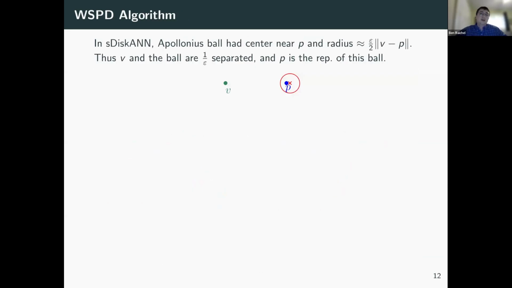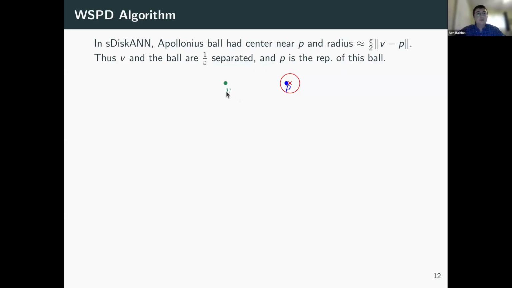So if I then go back and look at this variant that was considered by Indyk and Chu, and I look at this Apollonius ball around P, what did we say? We said its center is near P, so it's roughly at P, and its radius is roughly epsilon times the distance between V and P. So what is this actually saying in the language of WSPDs?